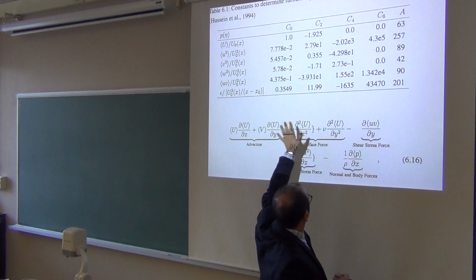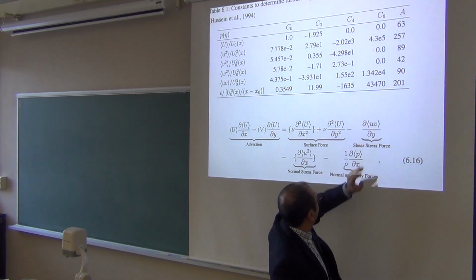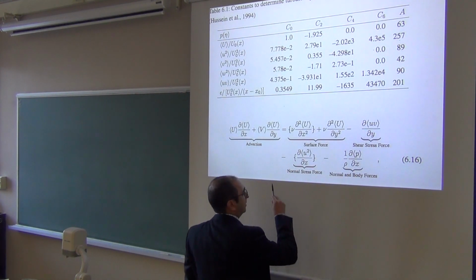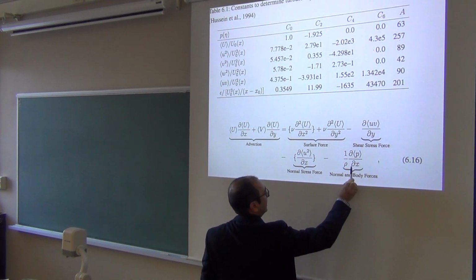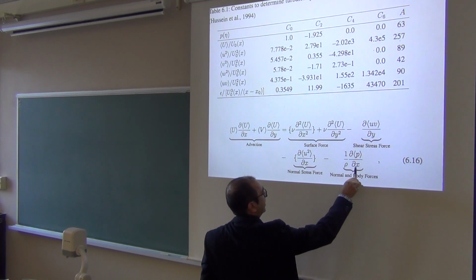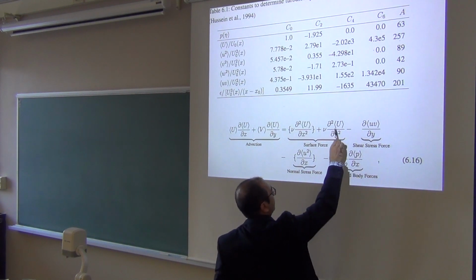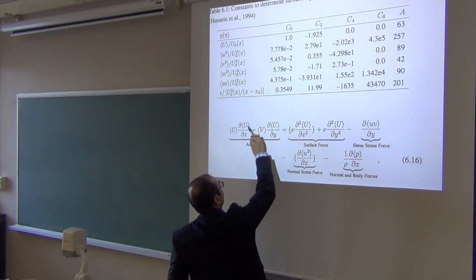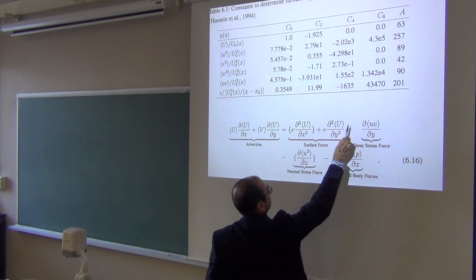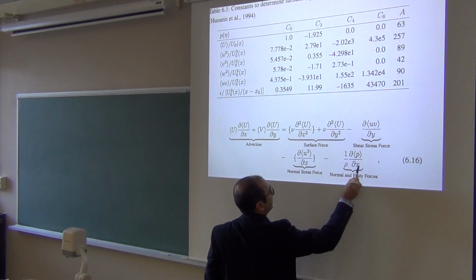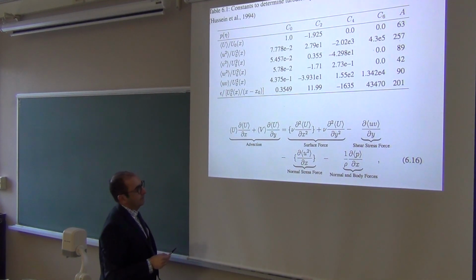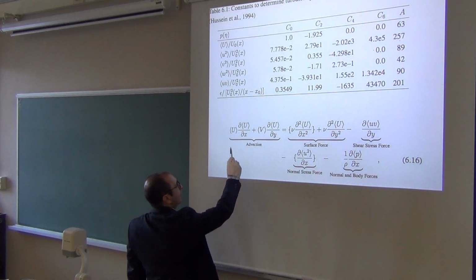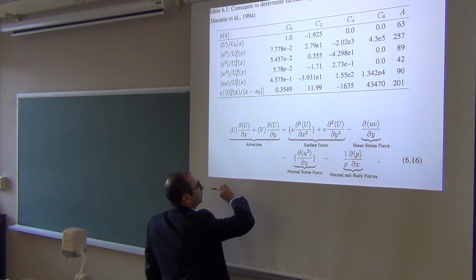U, that's all, and also the u here and the u there. Also, u is in the x direction. That's why the normal body force is showing up with a partial x, right? So these all tell you I'm writing the x component of momentum. All the u's and x's you see assure you of that. I promised you I would label the terms, so that's what I would do.